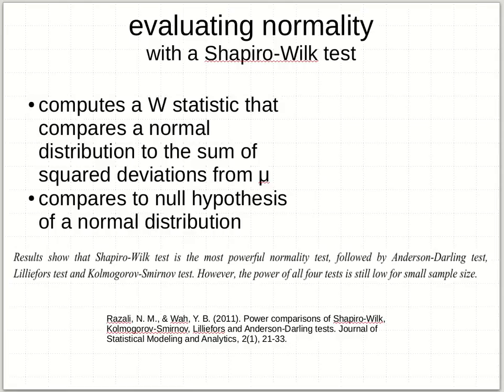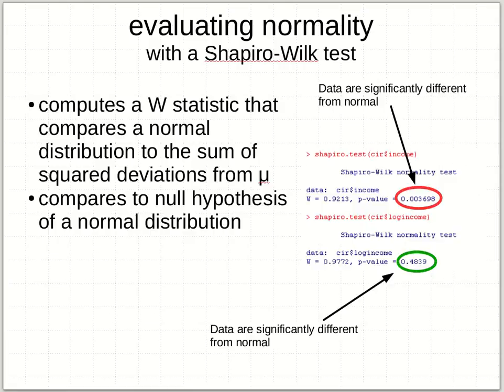If you're looking at a regression, you're talking about a bunch of points up and down the line. You want 30 at a bunch of different places up and down that line. Okay. So for evaluating normality with a Shapiro-Wilk test, you would simply say Shapiro.test of some data, and you would get this kind of a result right here.